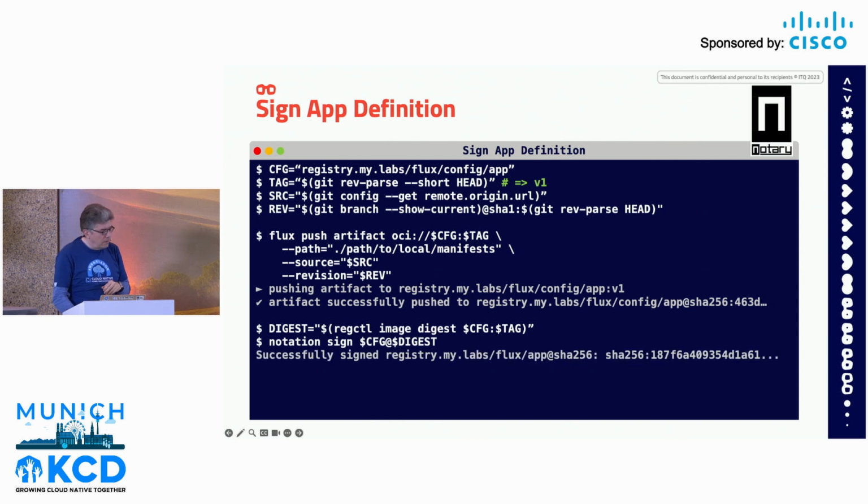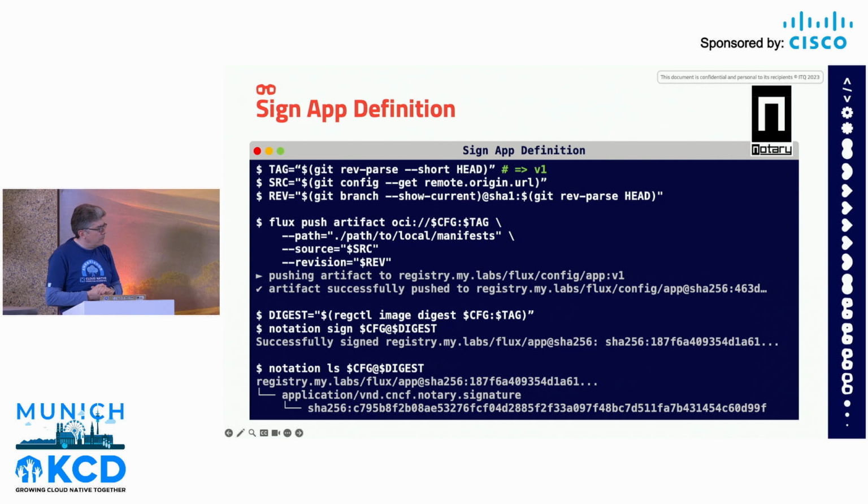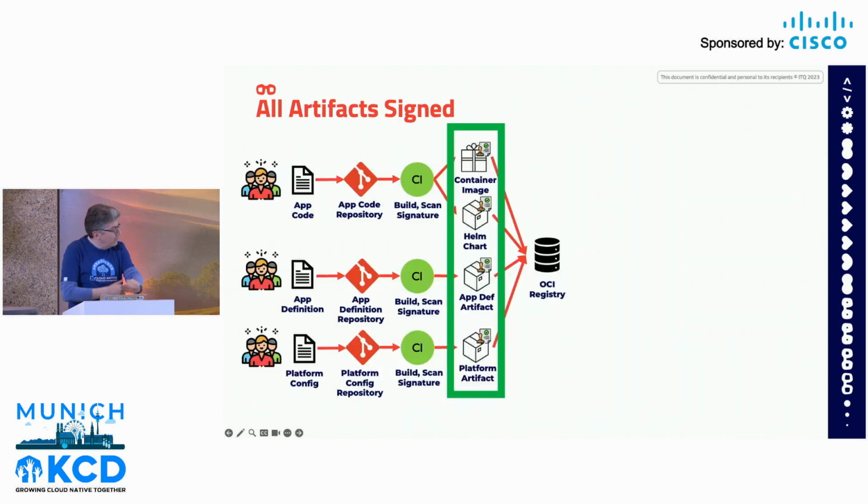And as expected, with notation ls, we get the same result as before. I didn't put the ORAS discover here because I guess you understand. So now we have everything in OCI format, signed, and on the OCI registry.